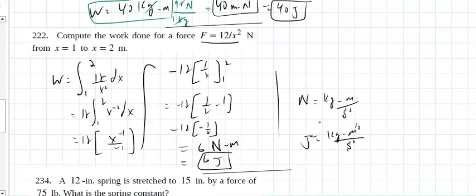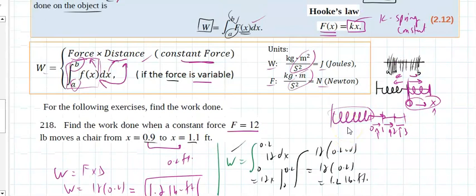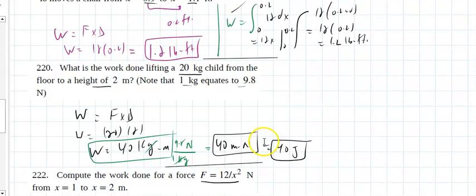The only difference is that meters squared. So if you multiply newtons by meters, that becomes joules. That's why I was hesitating right there. Wait a minute, meter, yeah.